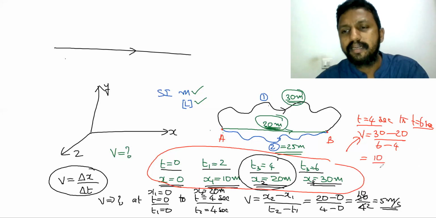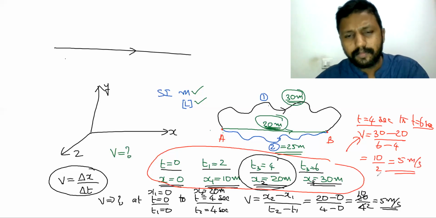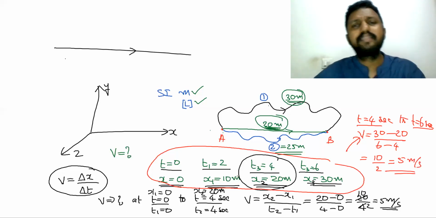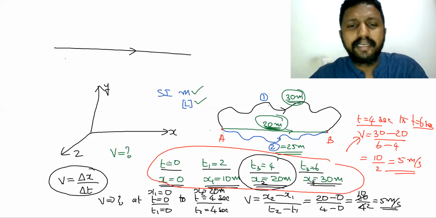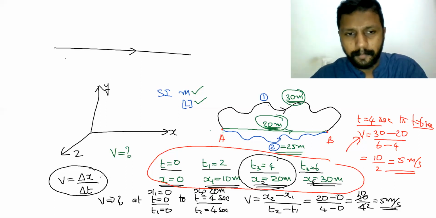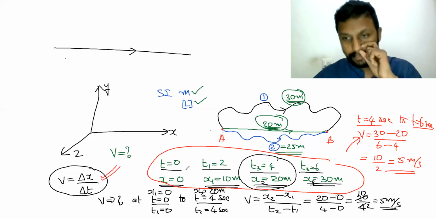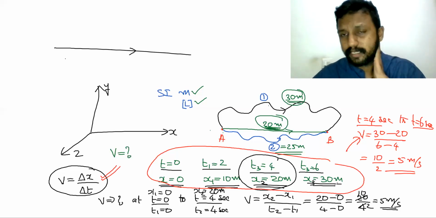Therefore 10 by 2, that is equal to 5 meter per second itself. Therefore in this situation, what we can understand is, if you take any time interval to find the velocity, the answer for velocity will be 5 meter per second.